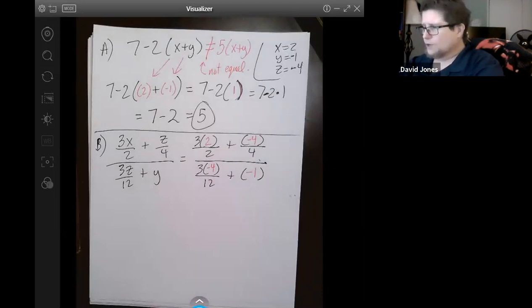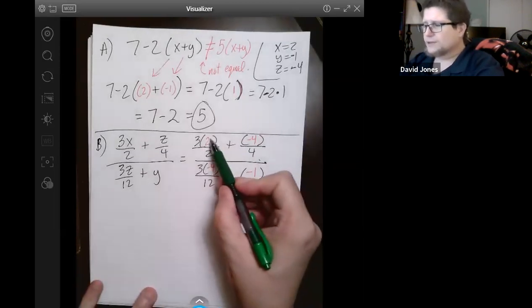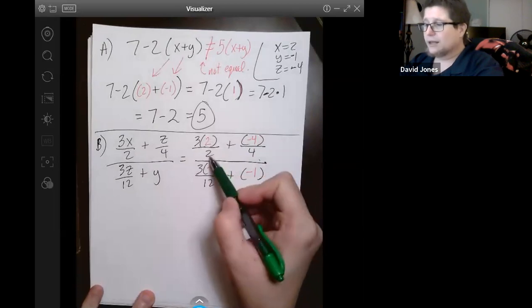So something that you might recall, I don't have to do 3 times 2 is 6 and then divide by 2 and get 3.